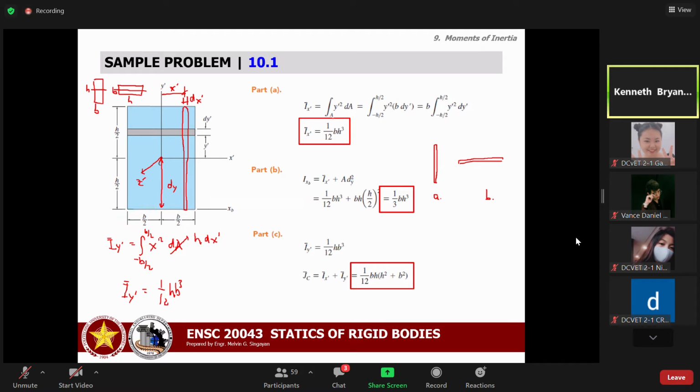Both are rectangles, and both are getting the moment of inertia about the horizontal centroidal axis. Based on that, which one will give a higher value of moment of inertia, rectangle A or rectangle B?